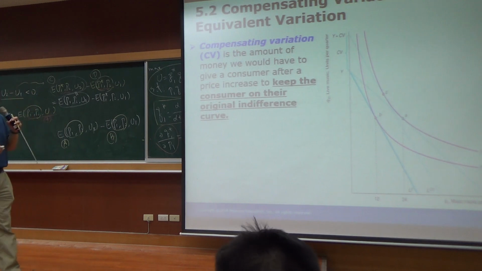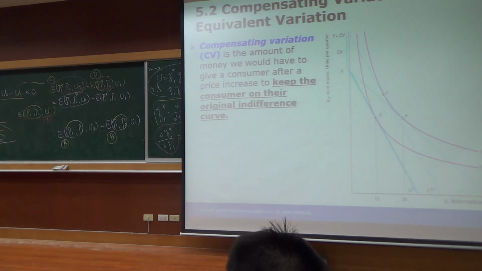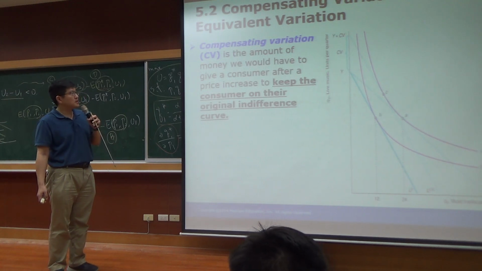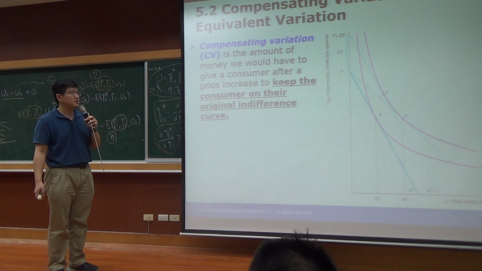Okay, let's have a look at this one. Compensating variation, CV. So CV is the amount of money we would have to give a consumer after a price increase to keep the consumer on their original indifference curve.